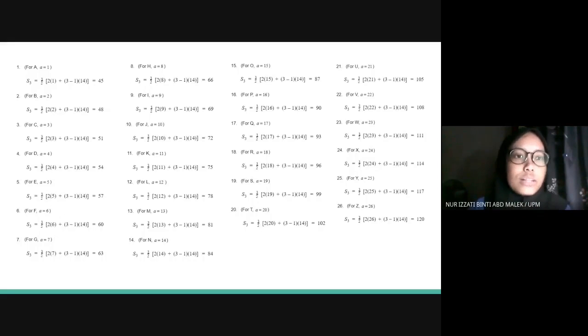For A we got Sn equal to 45, B equal to 48, C equal to 51. After that we construct the table.